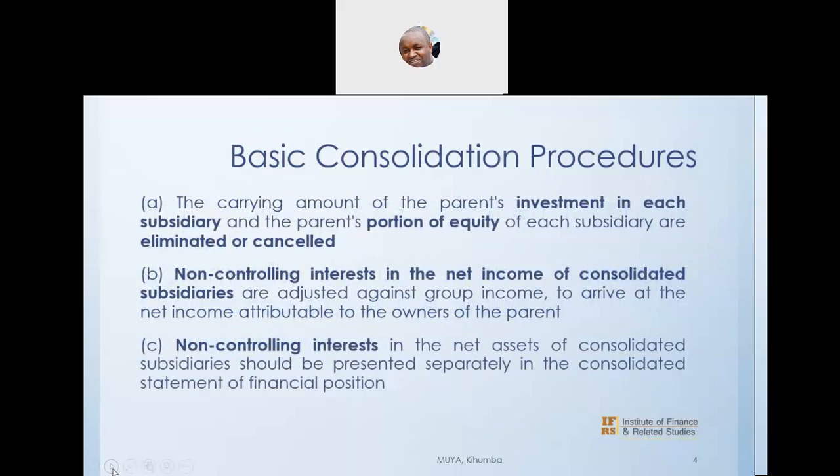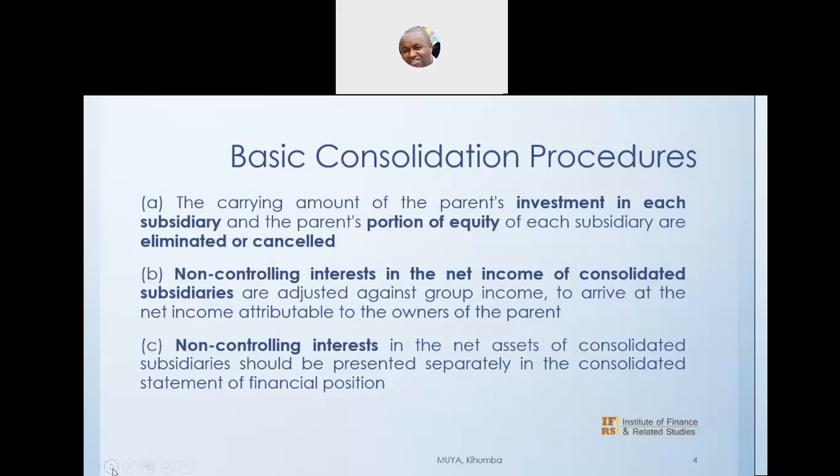The first thing to do is that the book value or the current carrying amount of the parent investment in each of the subsidiary and the equity of the subsidiary should be eliminated or cancelled out.